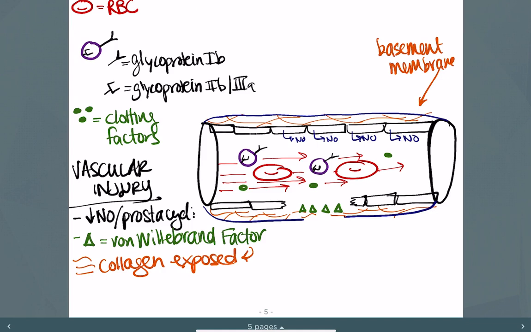So with von Willebrand factor exposed, it binds to the 1b receptor on the platelet. So let's put these two together. So it binds the 1b receptor. When a platelet gets its 1b receptor bound, that is the phase of adhesion. And as soon as it binds, this causes platelet activation.